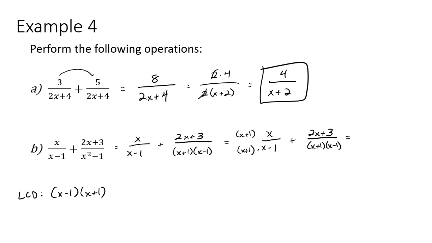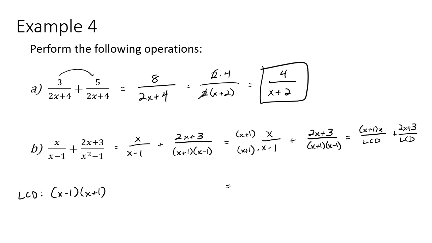And I'm just going to go ahead and write that a little bit nicer. So not really a lot of math happening here. It says x plus 1 times x in the numerator, x plus 1 times x minus 1 in the denominator. And in fact, I'm just going to start writing the denominator LCD to save a little bit of space here. I won't leave my final answer like that.